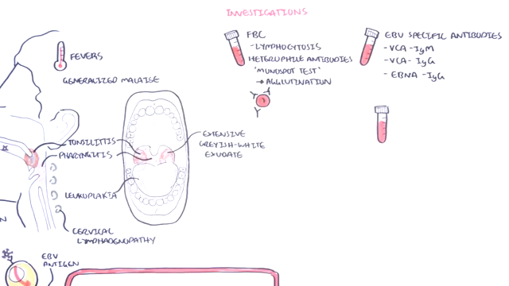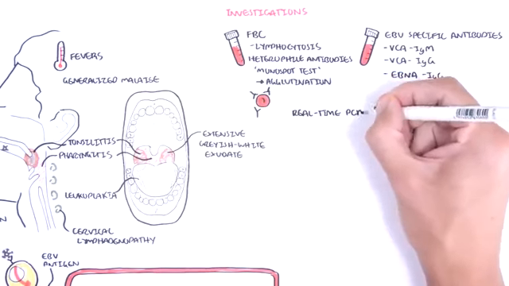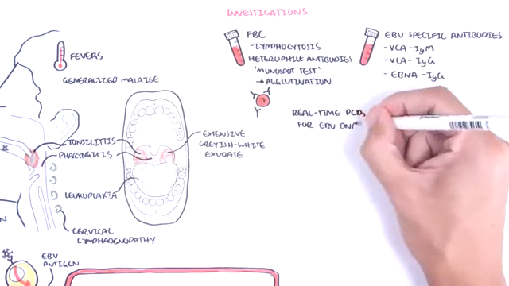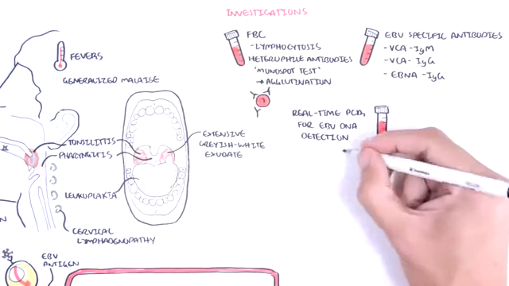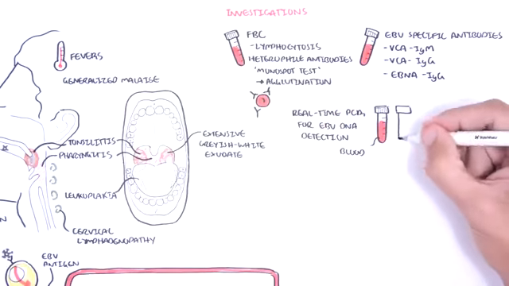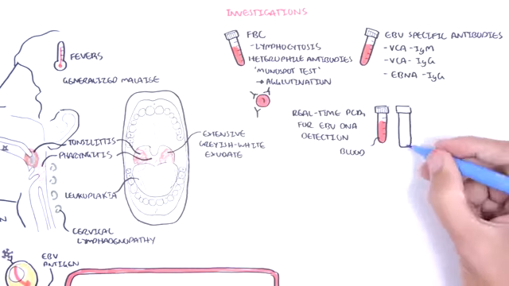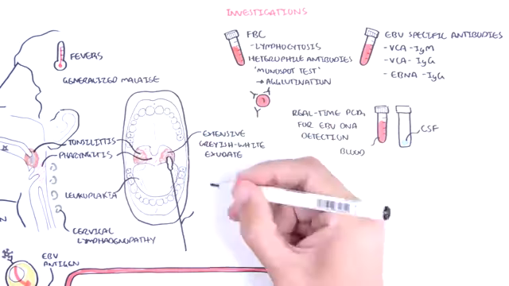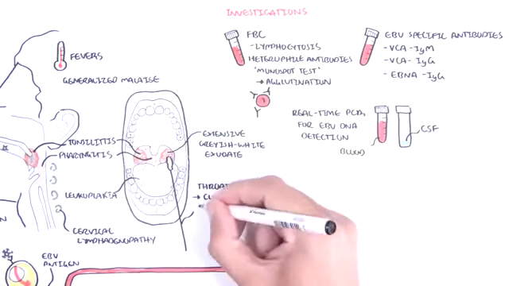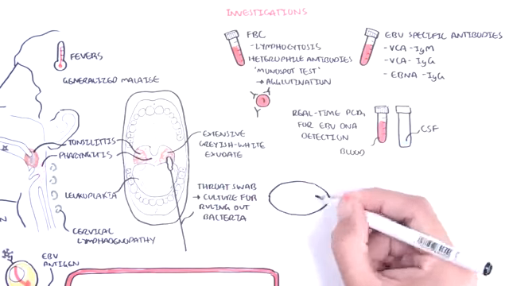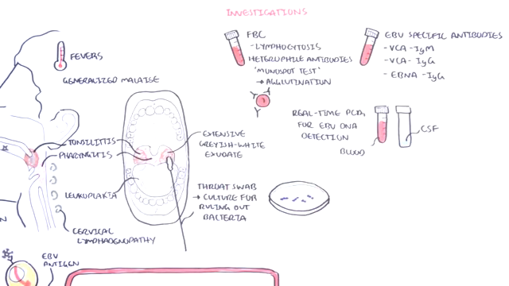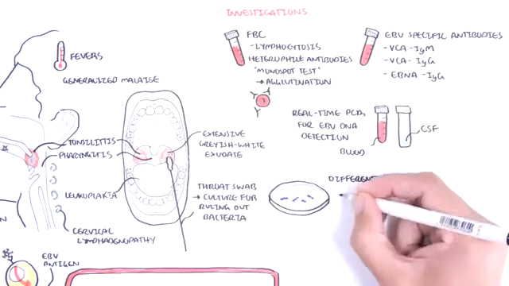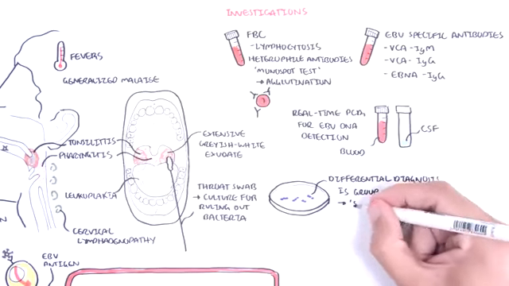Another expensive investigation that can help diagnose difficult cases is PCR for Epstein-Barr virus DNA, which can detect the virus in blood or also in the cerebrospinal fluid from a lumbar puncture. A throat swab should be done if there are concerns of a bacterial infection, as one of the main differential diagnoses of an Epstein-Barr virus infection is group A streptococcus infection, known as strep throat.